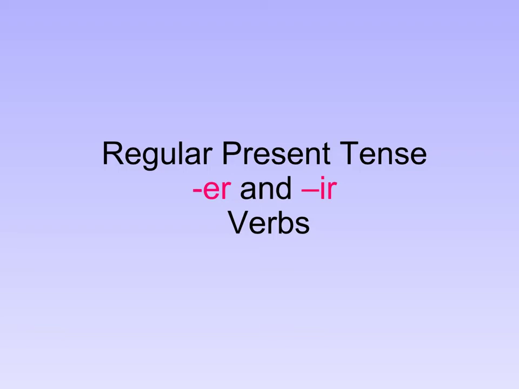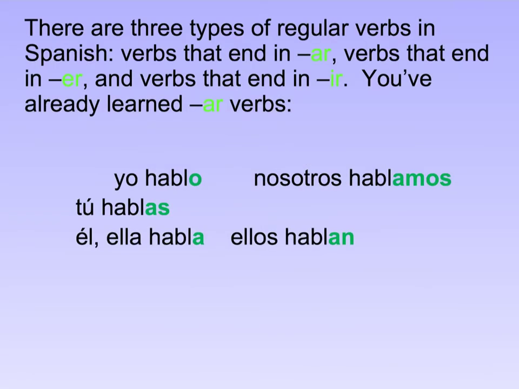Hi everybody, we're going to work on the present tense of ER and IR verbs. If you remember, we've already done AR verbs. AR verbs end in o, as, a, amos, and an.